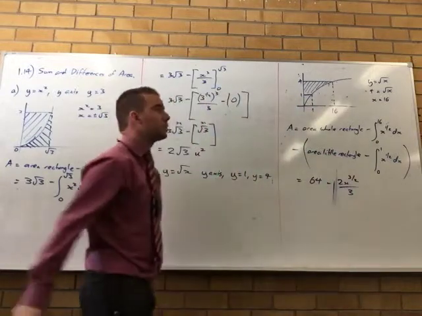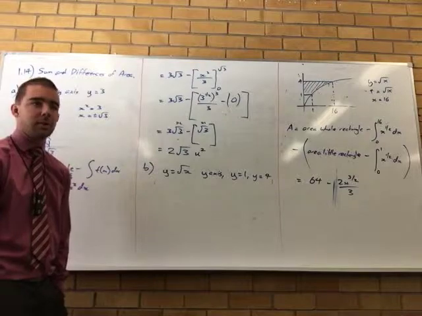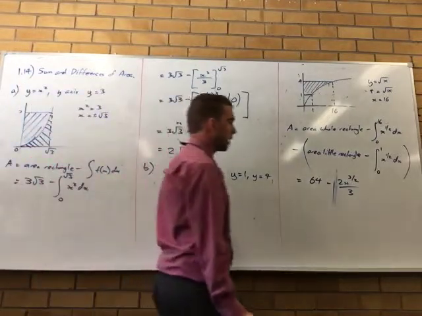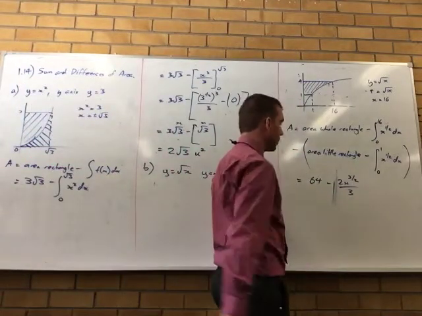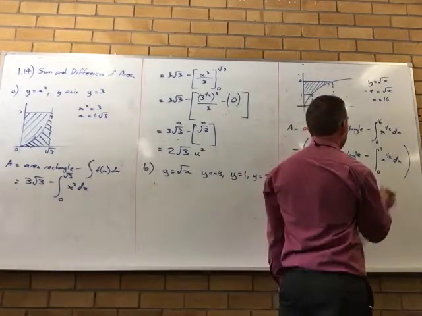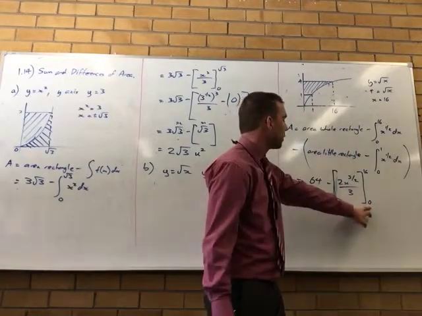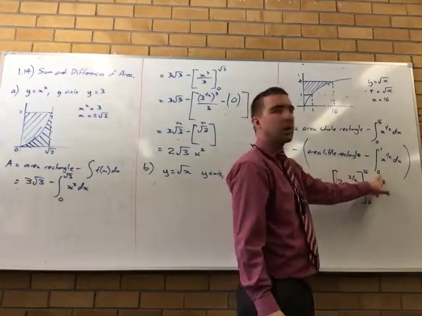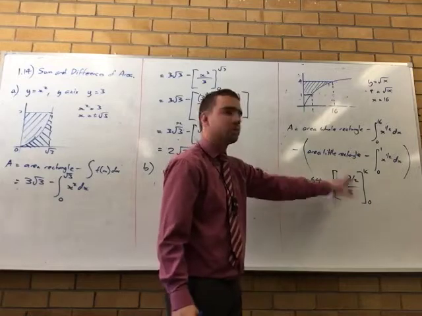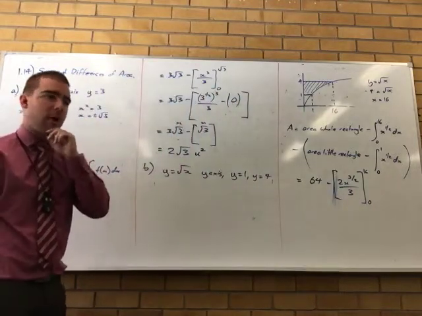We've seen a couple of examples on how we integrate the square root of x, so I'm just writing it down. You can do that straight away if you're comfortable with what you're doing. Bounded by 16 and 0. And that's going to be positive because we're going to have 0 and 0 for the end point. That way I can do the second term in each of those parentheses as 0.